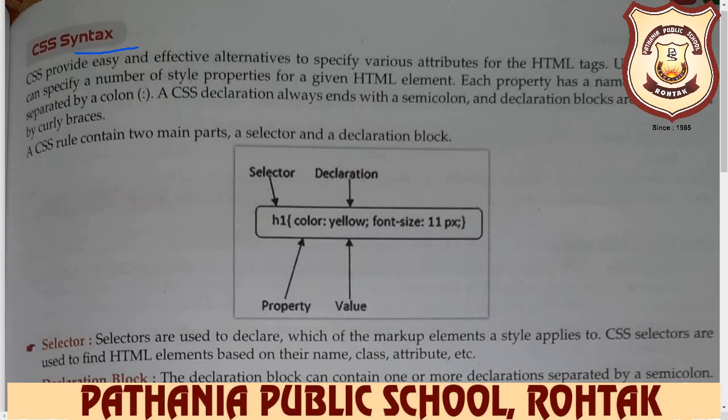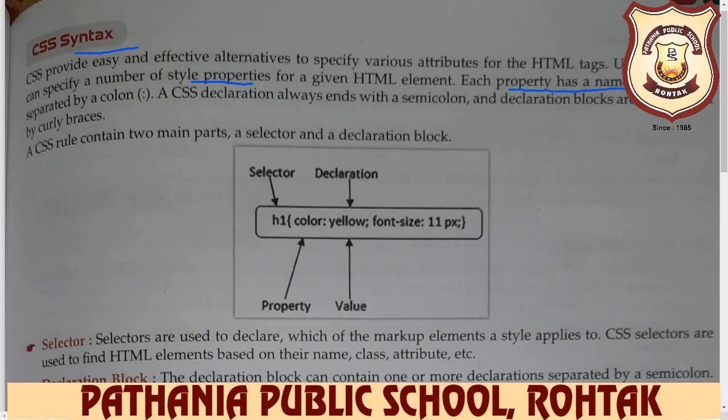Now, everyone learn the point about properties. In CSS, we use the word property, the word value, the word selector, and the word declaration also. For an HTML element, each property has a name and a value.